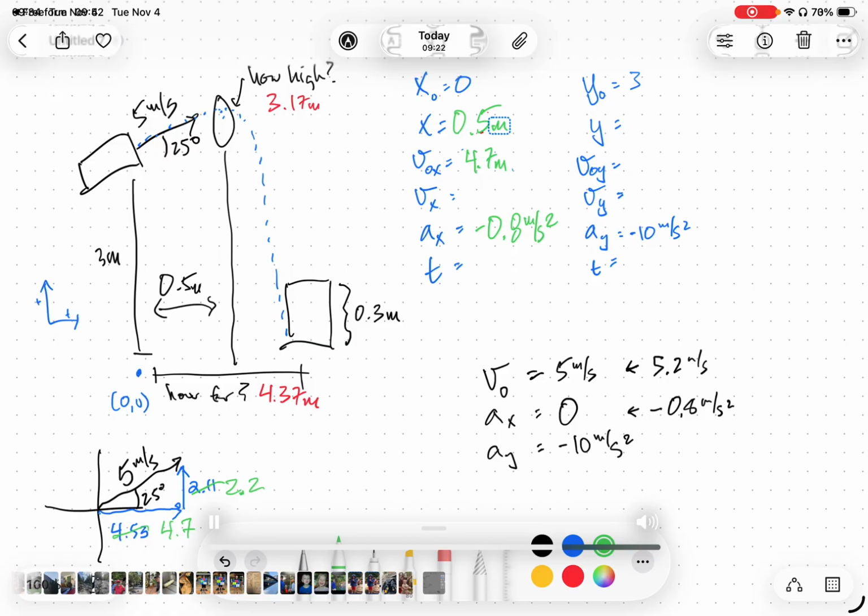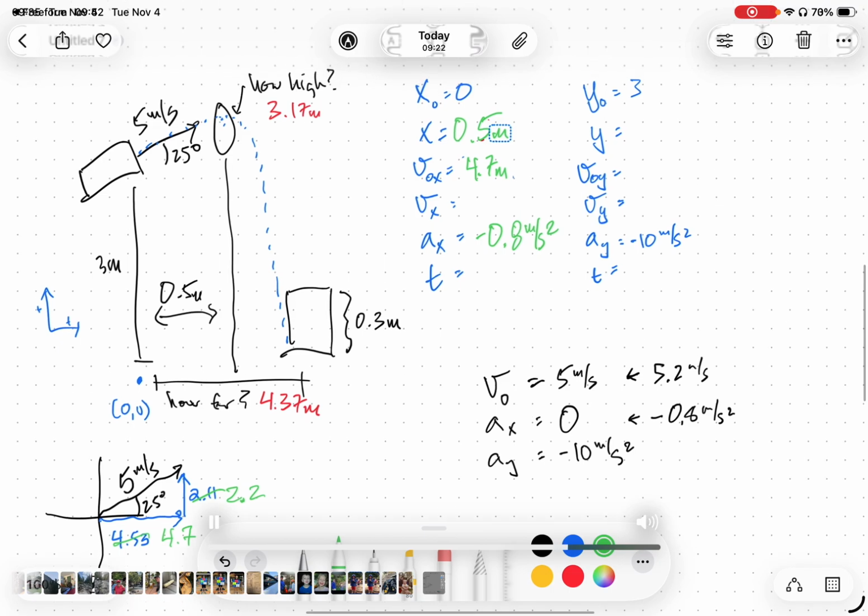Our new time is, hold tight, typing in my numbers, doing my calculations, and let's see, we're going to get the same, about 0.11 second. So that's how long it's moving vertically as well. And then with our new vertical starting speed of 2.2 meters per second, we can put that information into the solver.